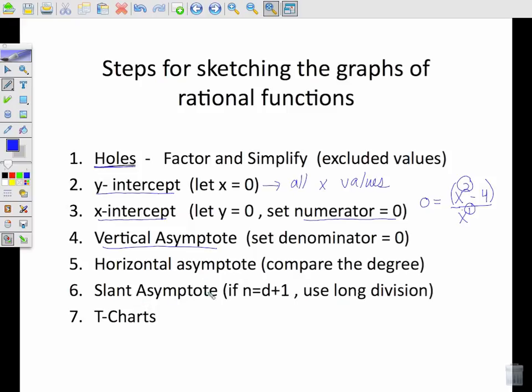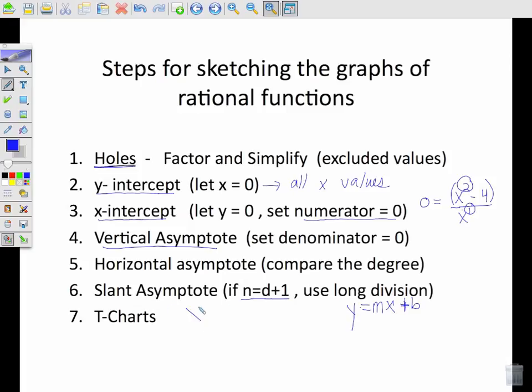Finally, the slant asymptote: it would exist because the degree of your numerator is 1 larger than the denominator, and so you'll use long division to find that linear equation. When you use long division, you will get a y equals mx plus b form, and you would be able to graph that on your own.